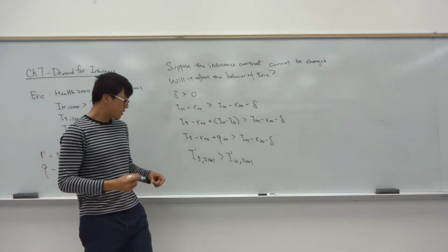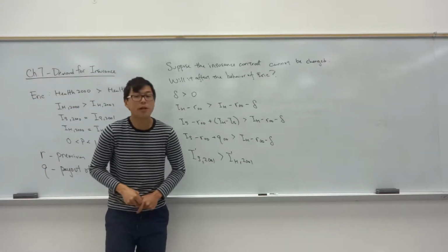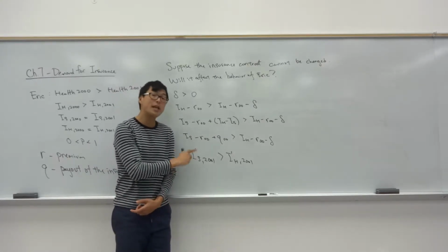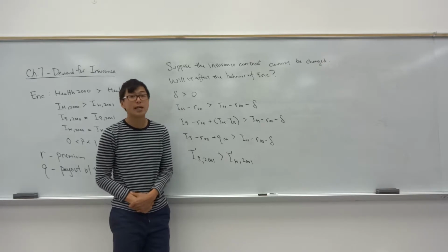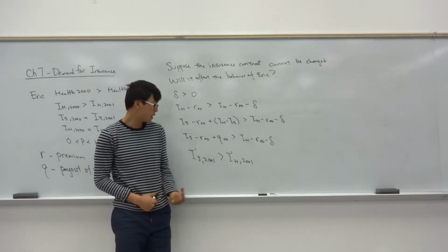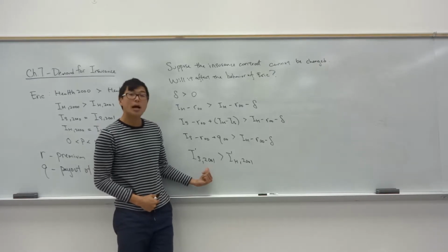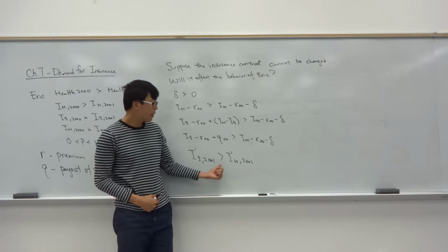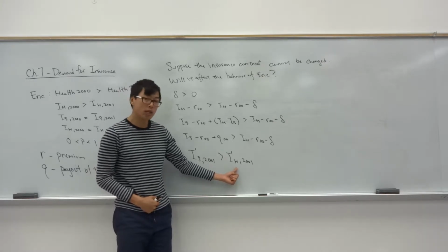It basically means Eric would rather get sick in the year of 2001 if the insurance contract cannot be amended or changed, because he will earn a higher level of income with the health package compared to if he stayed healthy in the year of 2001.